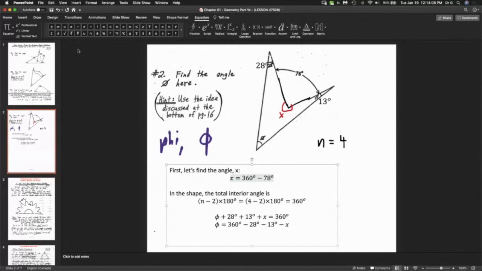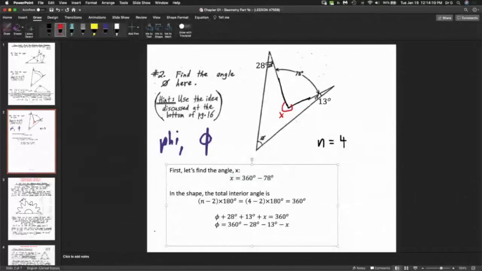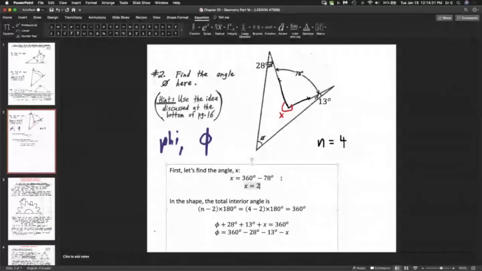Now, why did they use that formula? Because remember, that's a revolution. That's 360 degrees. Okay, very good. So that means that X over here is equal to, I'm just going to copy your answer, Ram, 282 degrees.